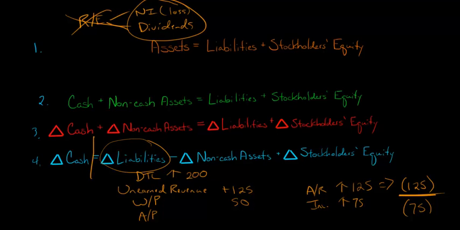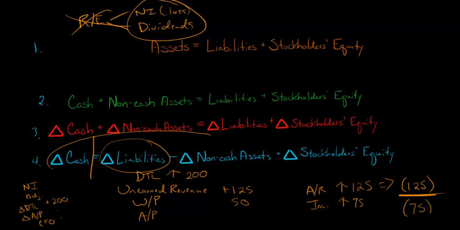What I mean by an adjustment, and watch the video on statements of cash flows if this is a foreign idea to you, is that we start with net income or net loss, and then we make these adjustments. We say, okay, we're going to add $200 because deferred tax liability went up, and then there's a change in accounts payable, and so we make all these adjustments, and we get to cash flow from operating activities, and then we have cash flow from investing activities, cash flow from financing activities, and so forth.